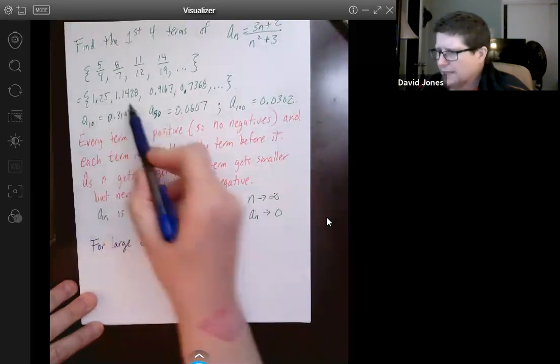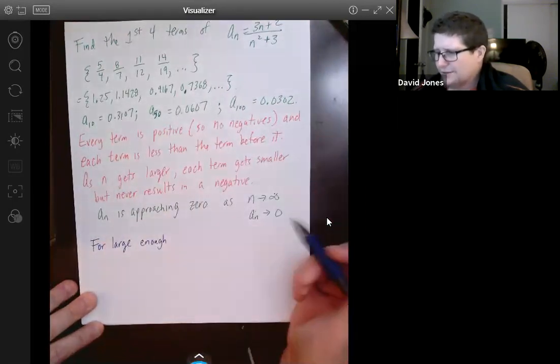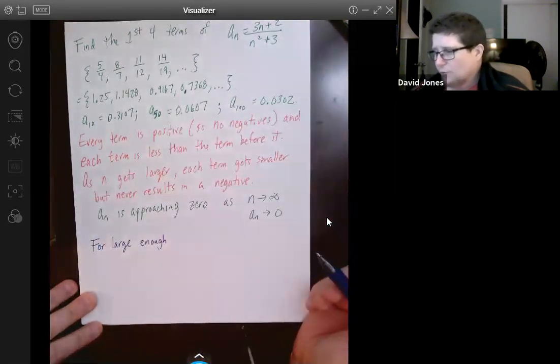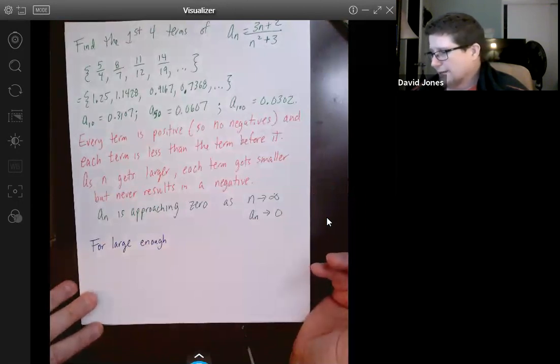Notice right away the big difference. There's a big jump going down. 1.25 to 1.14, that's a good chunk.